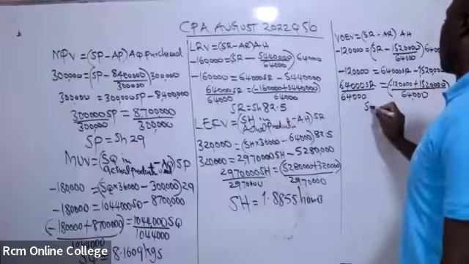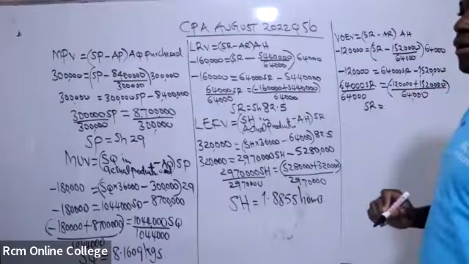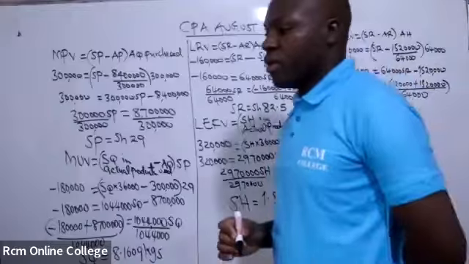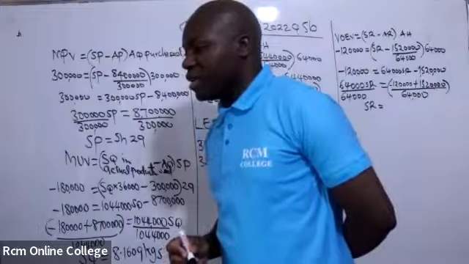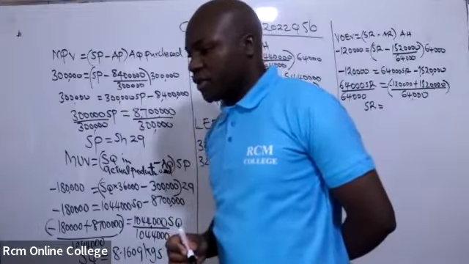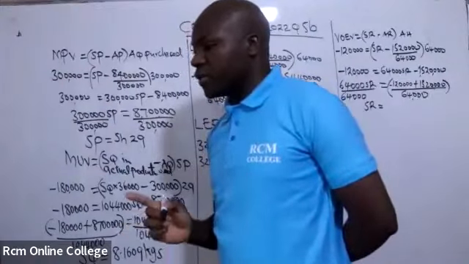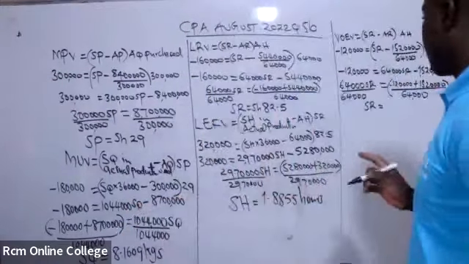So what is the standard rate per hour? Standard rate per hour is 21.875. Good, that's great. 21.875. That seems to be correct.